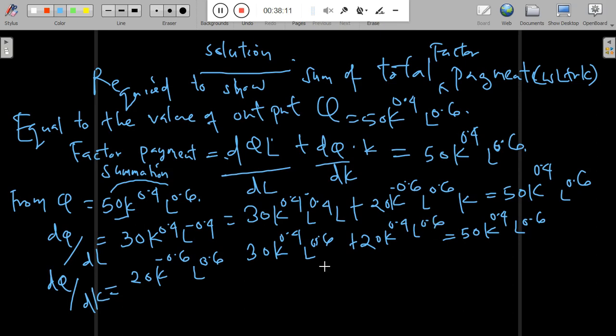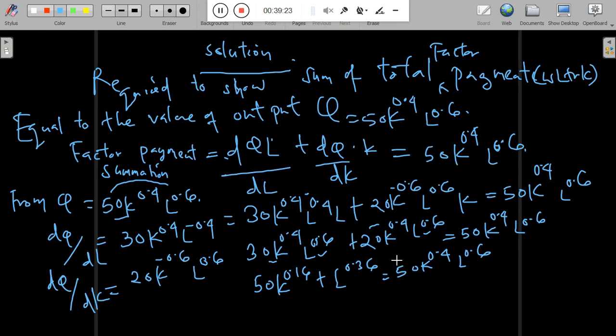So after taking that, what you need to understand from those functions is this: you take 30K raised to 0.4, then when you add 20K raised to 0.4, you obtain 50K raised to the power of 0.4. Then for L, with 0.6 plus 0.6, you obtain 50K raised to the power of 0.4, L raised to the power of 0.6.